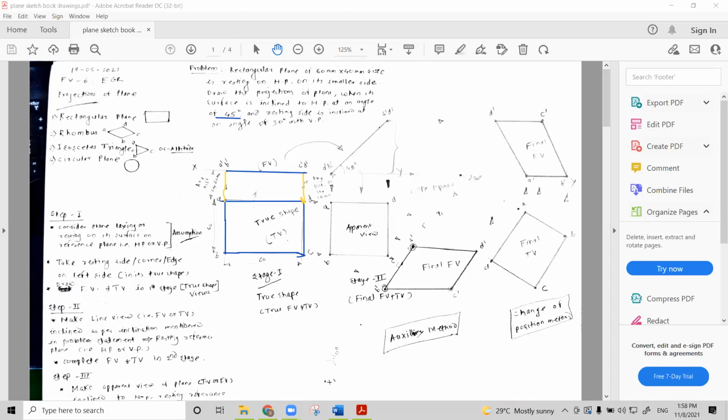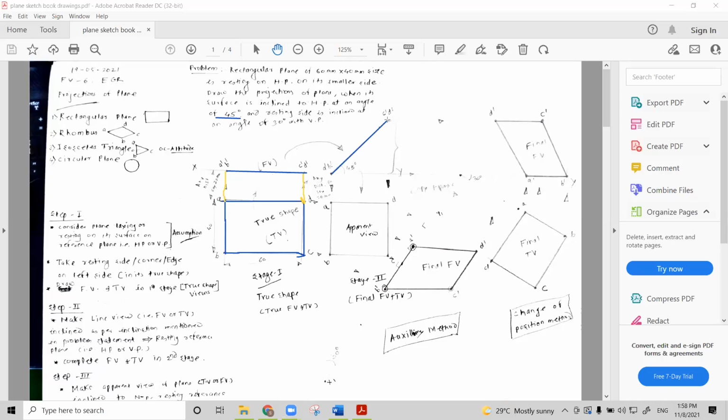Then you have to choose any point here, and through this you have to take the 45 degree inclined line, and transfer this front view as a line view of exact length, taken at an angle of 45 degree.